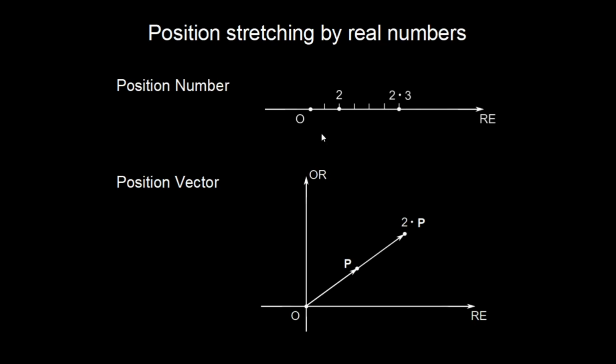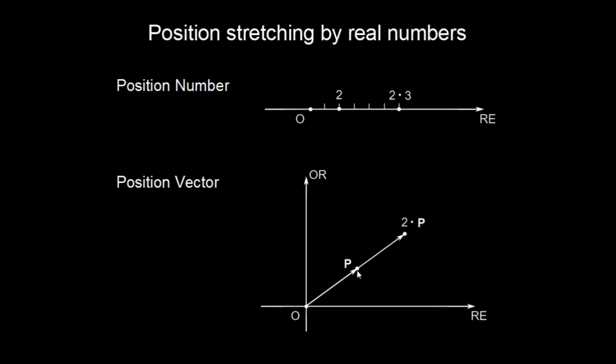In the case of two-dimensional plane, here RE denotes a real number axis, and the OR denotes the axis that's orthogonal to RE axis. A point in the plane may be represented by a position vector. In this illustration, this point is represented by position vector p.